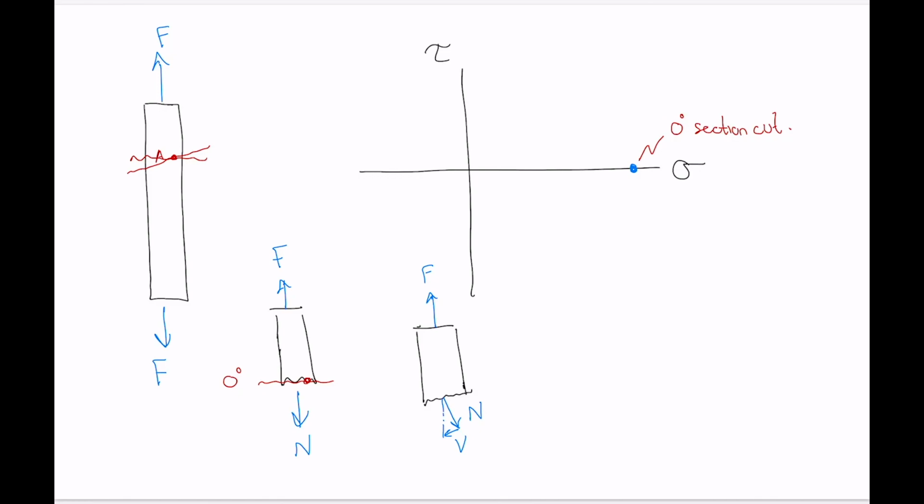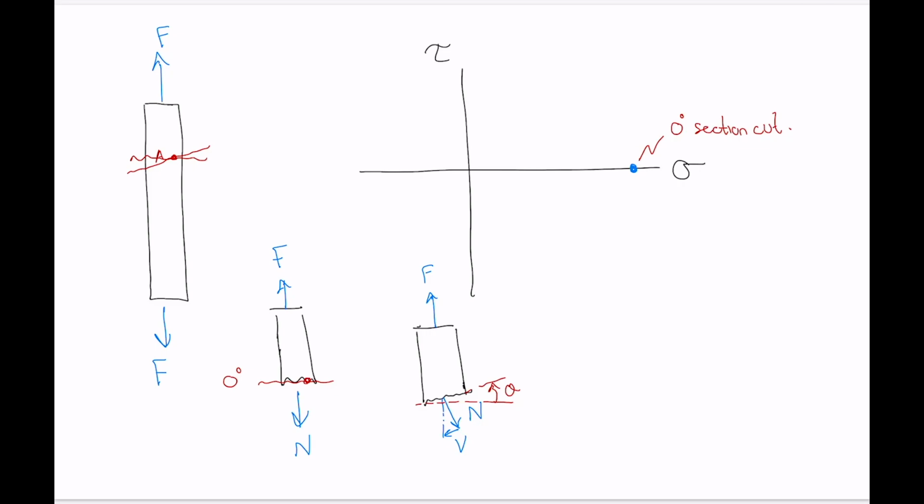If that angle of our section cut, right here, is theta, and if that angle is small, then the shear force is going to be quite small in comparison to the normal force.